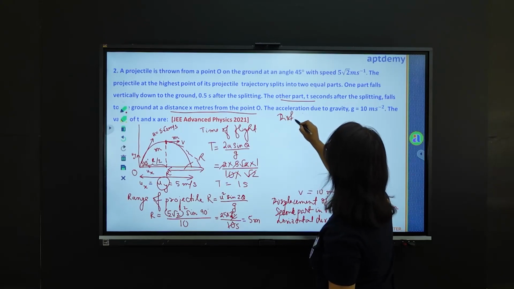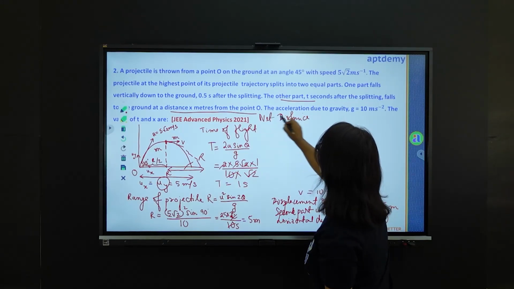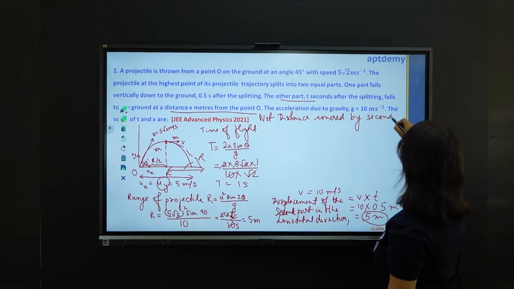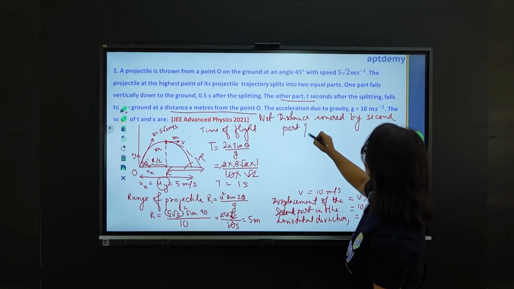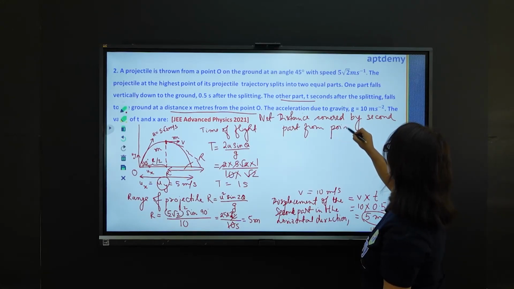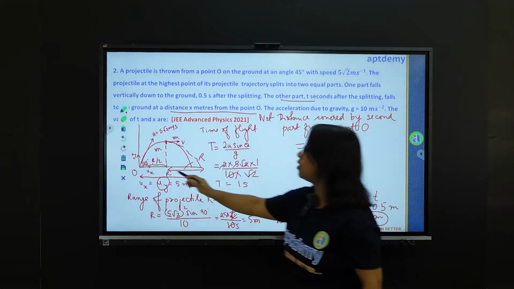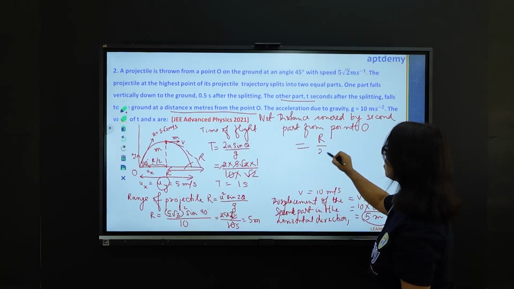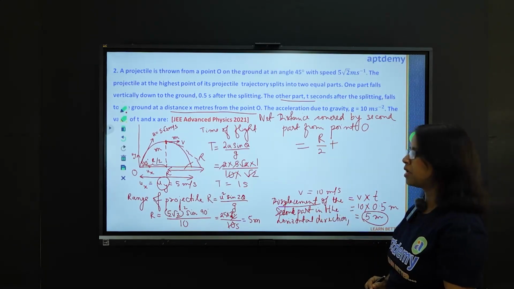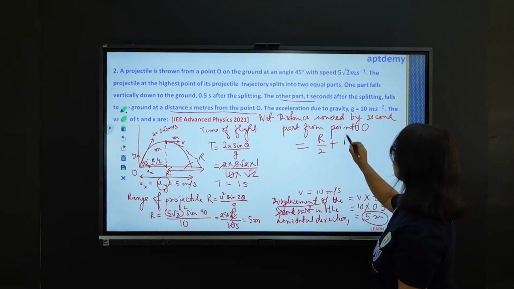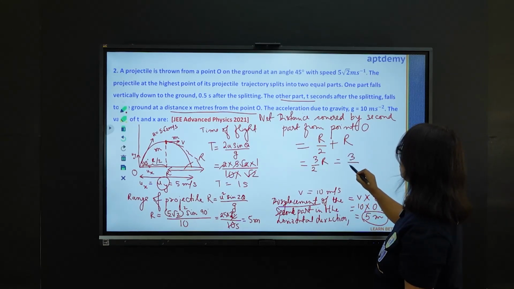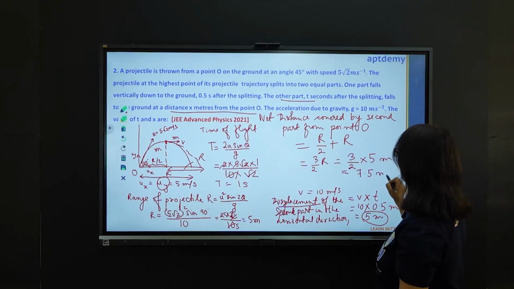The net distance covered by the second part from the point O is equal to this distance R by 2 up to the highest point, plus the displacement of the second part in the horizontal direction, which amounts to R. So we have 3 by 2 times R, which is 3 by 2 times 5 meters, so this is equal to 7.5 meters.